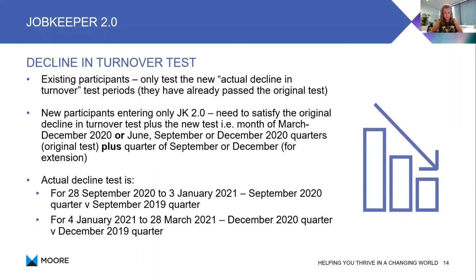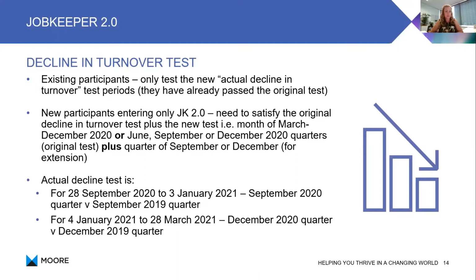Now, I'll give you an example of what might happen. You might not be eligible because September results were quite strong, okay? That doesn't mean, fingers crossed the economy progresses on an upward trend, but it doesn't mean that you might not come back in for the December quarter.